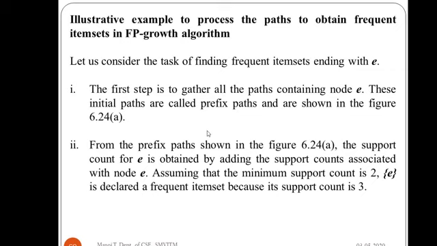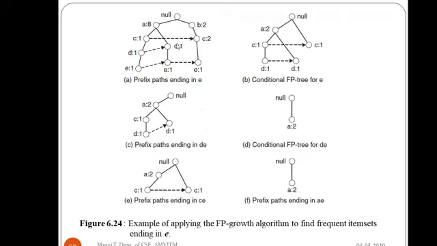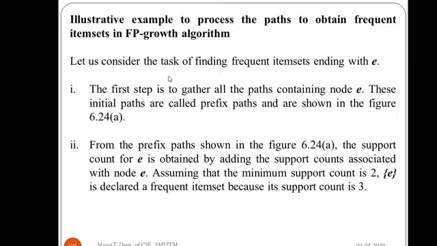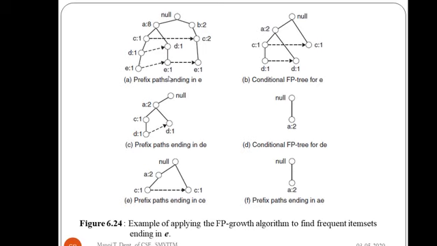These initial paths are called the prefix paths, and it is being shown over here, prefix paths ending in E. Once you have done that, from these prefix paths the support count for E is obtained by adding the support counts associated with the node E. What is the support count for node E? You just add up these things, 1 plus 1 plus 1.